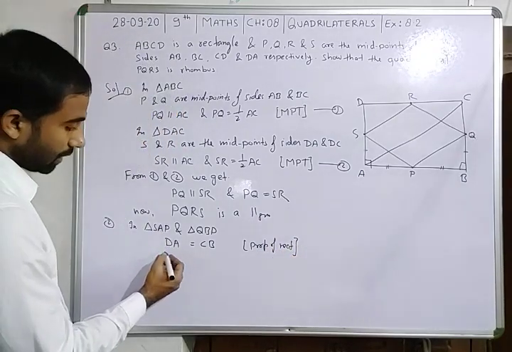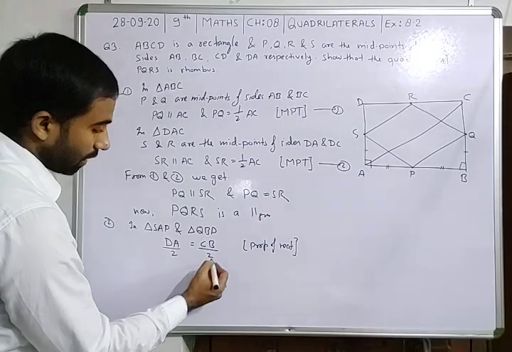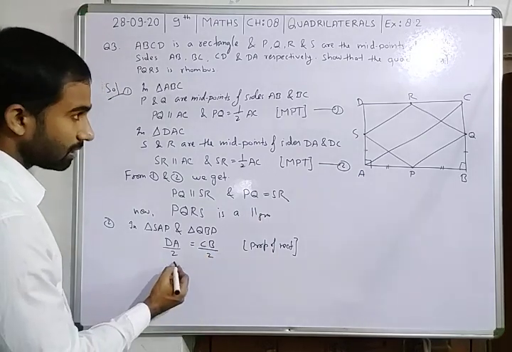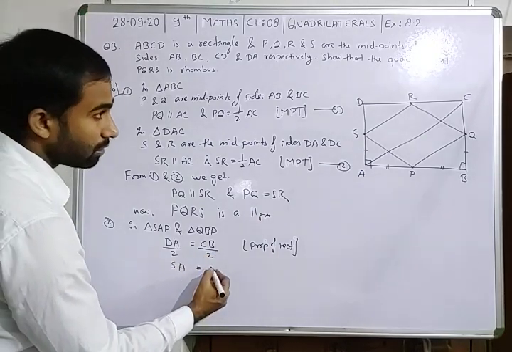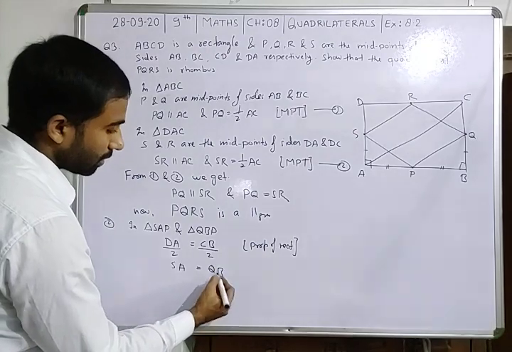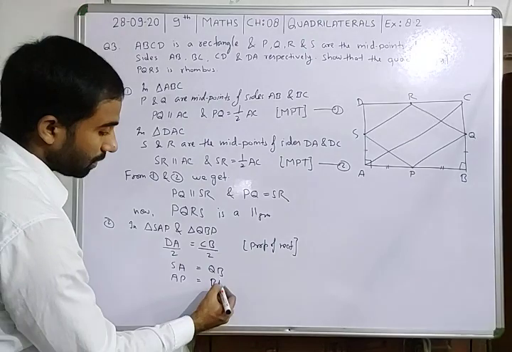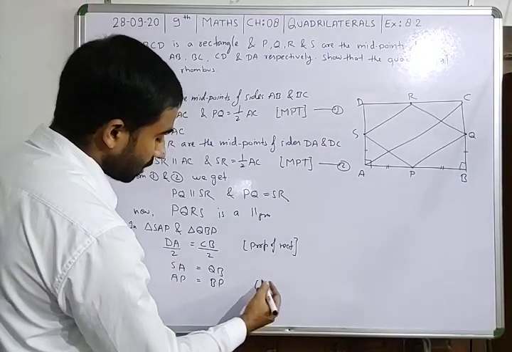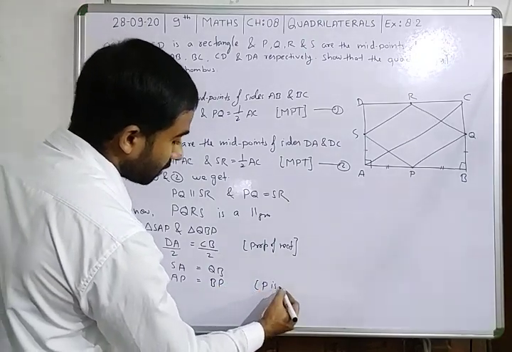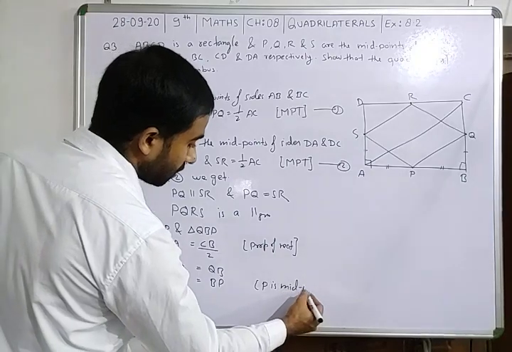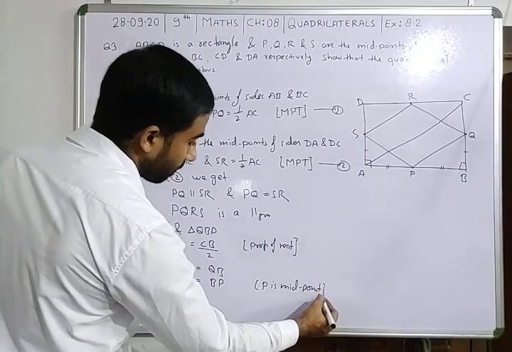So half of DA is also equal to half of CB. It means SA is equal to QB. And AP is equal to BP because P is the midpoint.